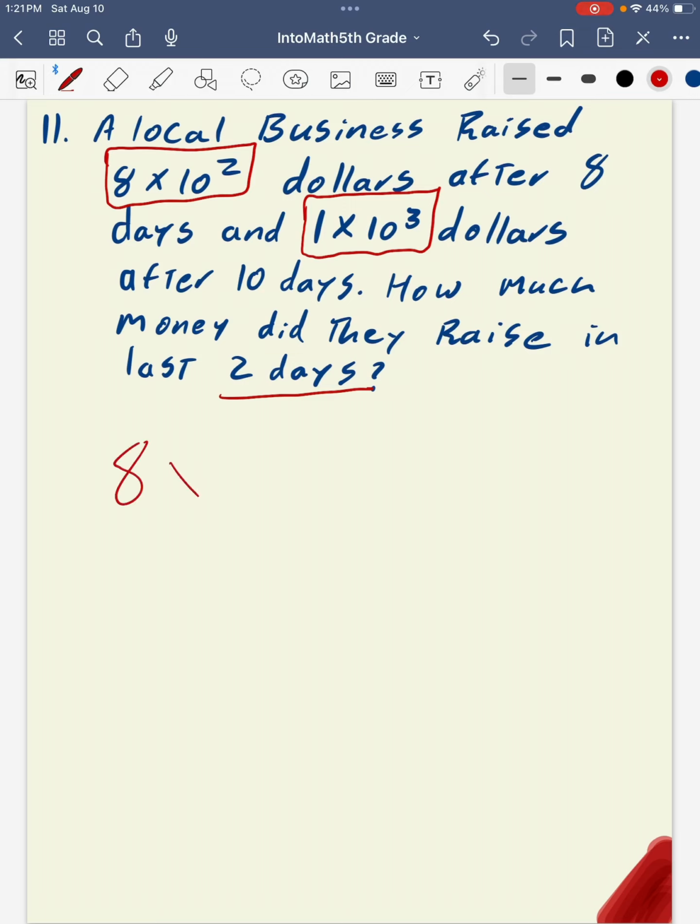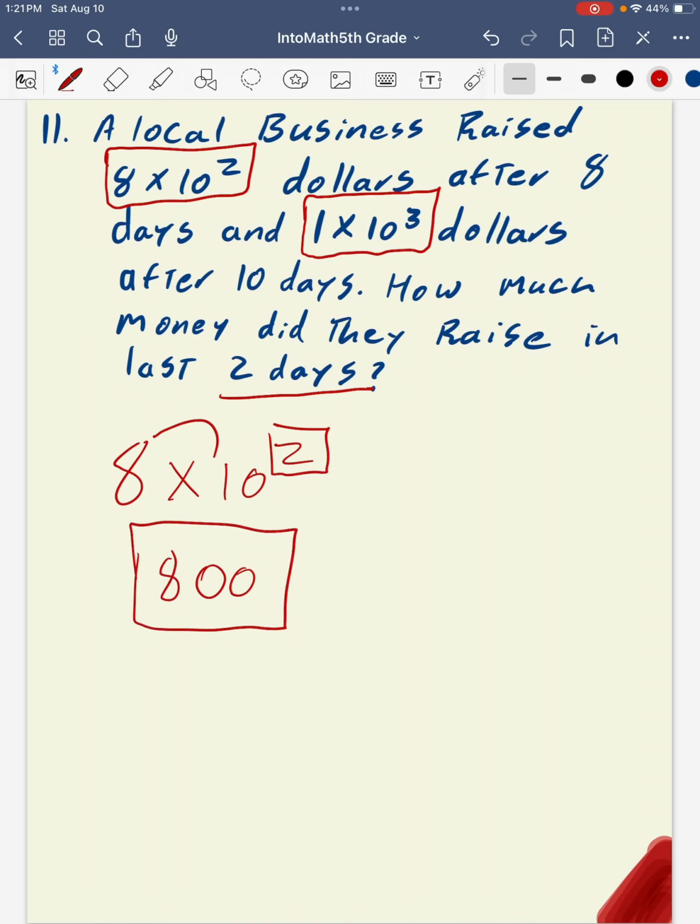To start off, 8 times 10 to the second power. This 2 tells me that I have 2 zeros at the end of my equation. I multiply my first numbers, 8 times 1, to give me a product of 800. After the first 8 days, the company raised $800.